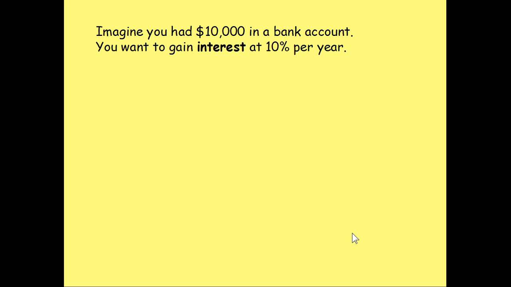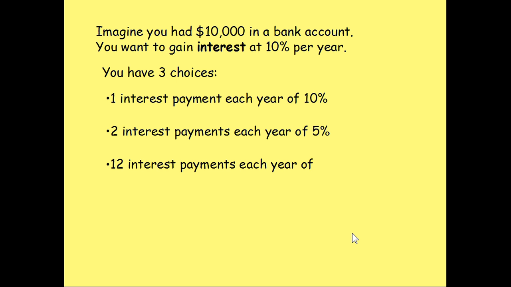But you may or may not know that banks don't always work like that. It depends on the case. It's possible to recalculate the amount of money in the bank at different periods of time. You can recalculate every year, sure, but you could recalculate every 6 months, or you could recalculate every month. So have a think about this question. Suppose you had 3 choices.